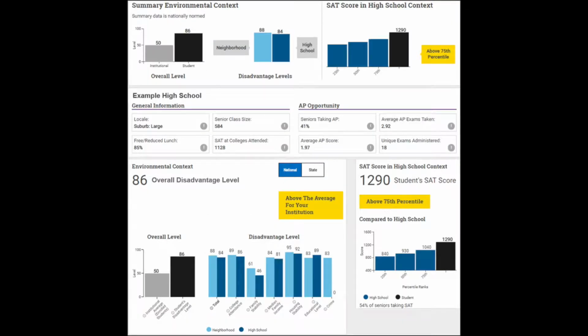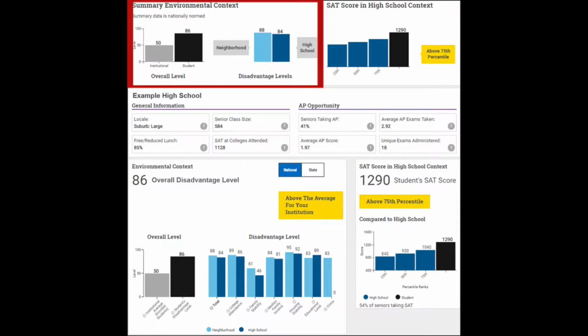So if we look at this new chart, like I said, we got to look at this when we were assessing applications last year, and we used this to evaluate those socioeconomic factors as a part of our admissions evaluations. So I'll go through this. First, you have at the top the summary environmental context.